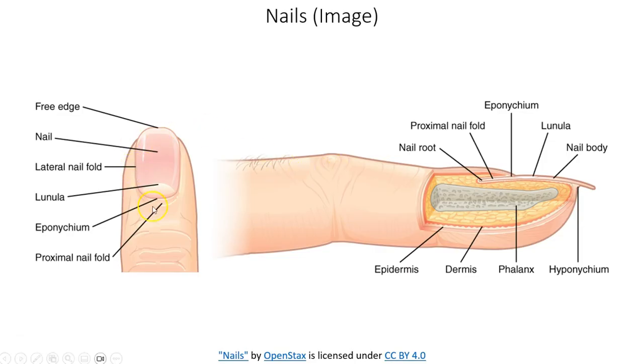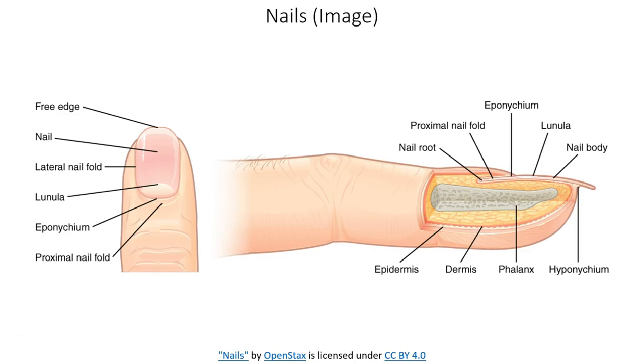Those lateral nail folds are overlaying the sides and helping to anchor the nail into that nail bed and keep it attached to the finger. And then we've got that cuticle and proximal nail fold also helping to protect and anchor the nail in.